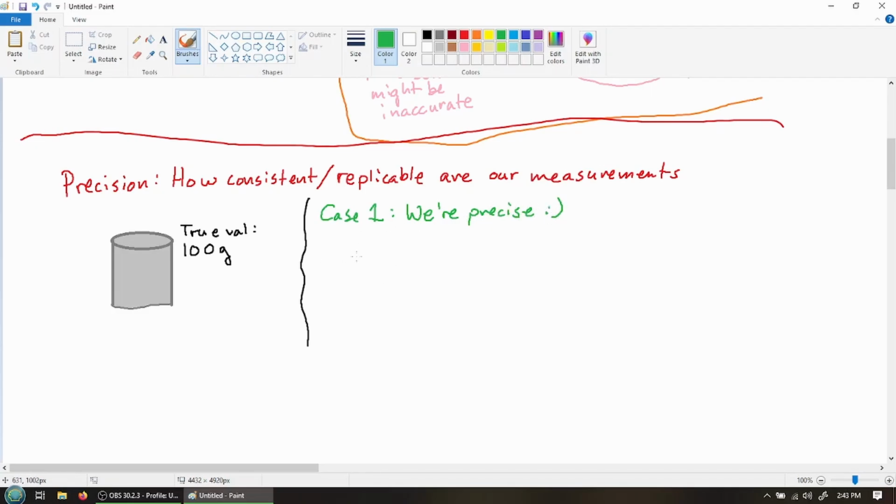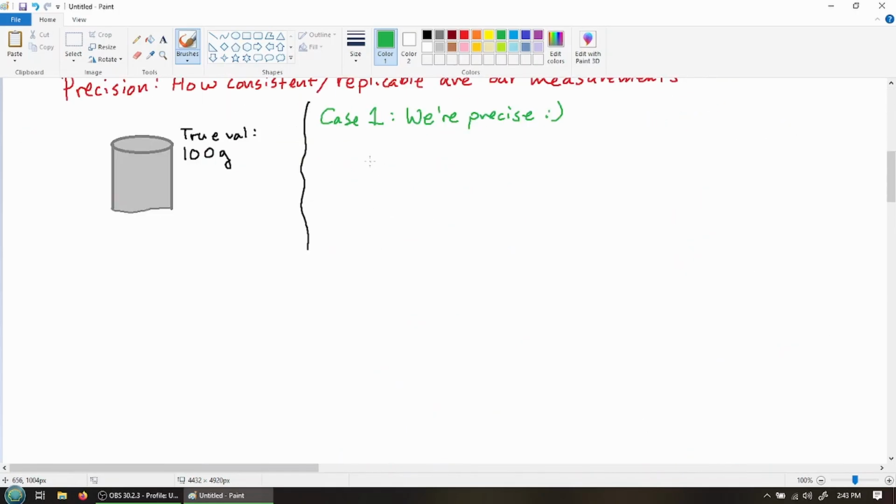So we measure once, right? We're going to say scale 1 shows a mass of 99.71. Scale 2 shows a mass of 99.72.